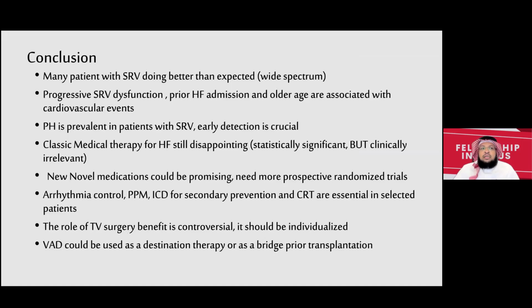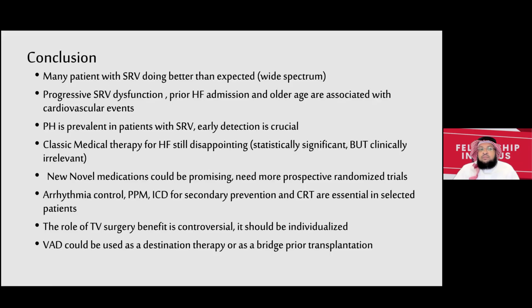So in conclusion, many patients with systemic right ventricle are doing better than expected, so we have a very wide spectrum of clinical pictures. Progressive systemic right ventricular dysfunction, prior heart failure admission, and older age are associated with cardiovascular events.